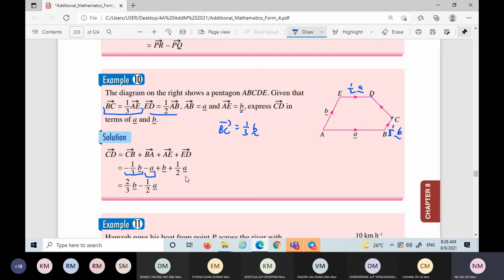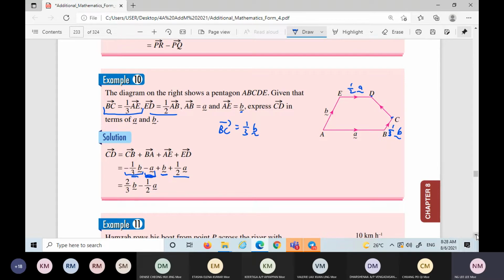Then combine. A with the A, so half minus 1, so negative half A. B with the B, so 1 minus 1/3 is 2/3B. This is how you get your answer.